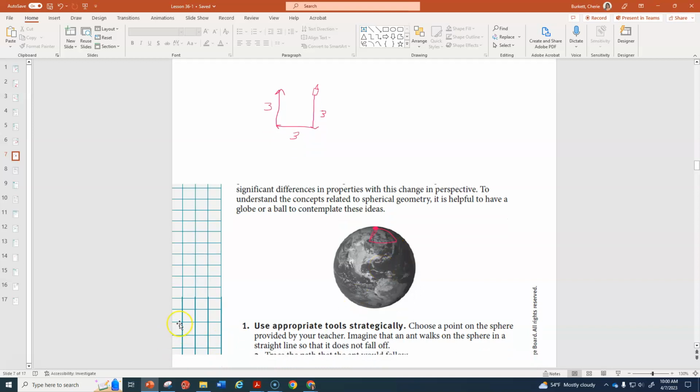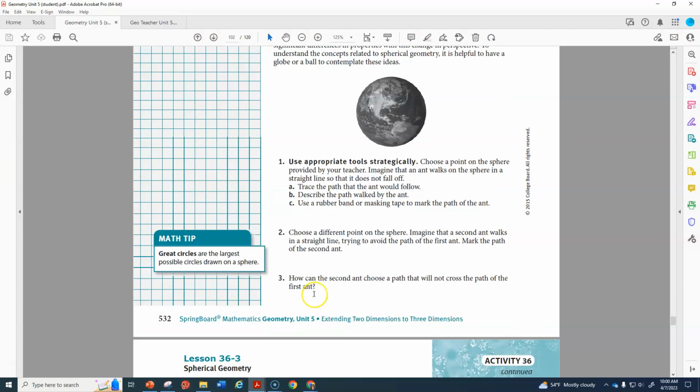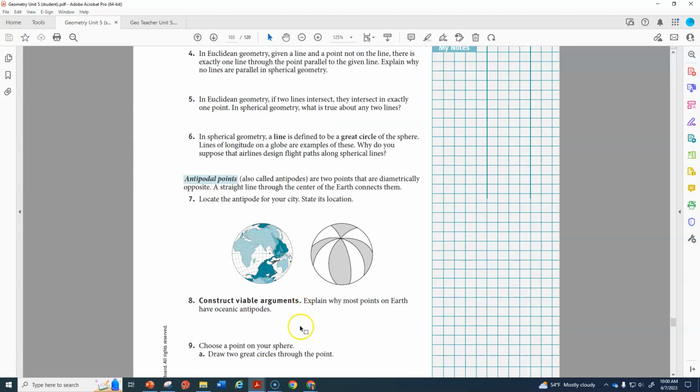Another thing that's possible in spherical geometry is great circles. Great circles are defined to be circles that go through what are called antipodal points.